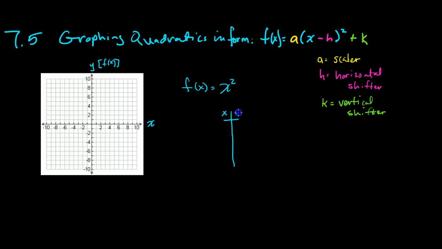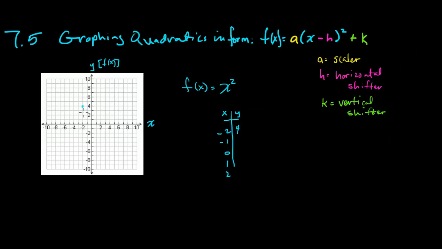Well, if we make an x and y chart, let's start with -2, -1, 0, 1, and 2 for values of x. If x is -2 and I square -2, then -2 squared is going to be 4. So at -2 I will go up to 4, and I'll put a point there.